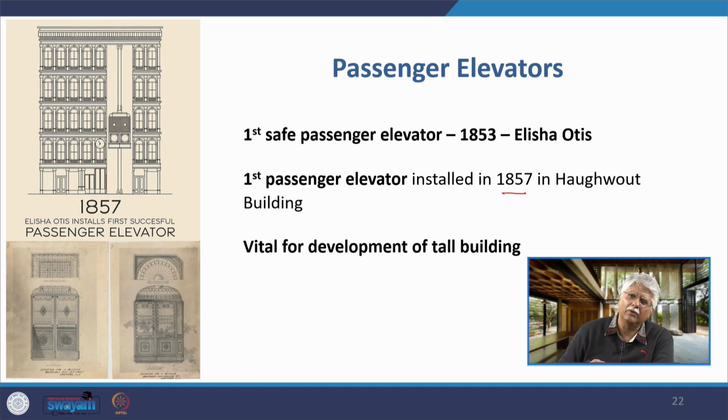Up till the invention of the passenger elevator, the building's upper floors were not really valuable, they were not worthy to be let out, people were not willing to purchase them, because who would like to climb up 5 or 6 or 7 stories to go to the topmost floor? Therefore, the lower floors were of more value, but because of the elevator the entire story completely flipped.